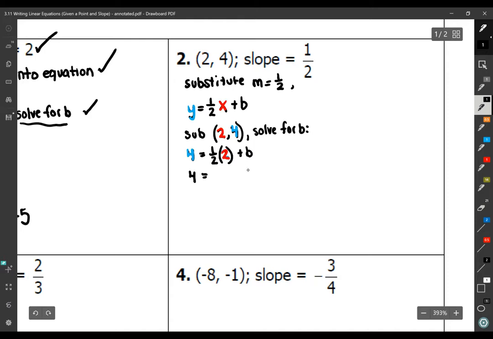Okay, so that's 4. 1 over 2 times 2 is just 1 plus b. And then finally we get b is equal to 4 minus 1, which is 3. And now we're ready to put the whole equation together. So therefore our equation is y is equal to 1/2 x plus 3.